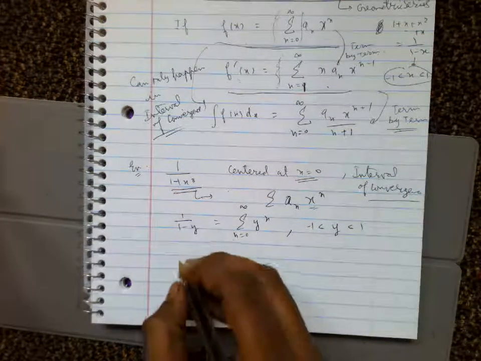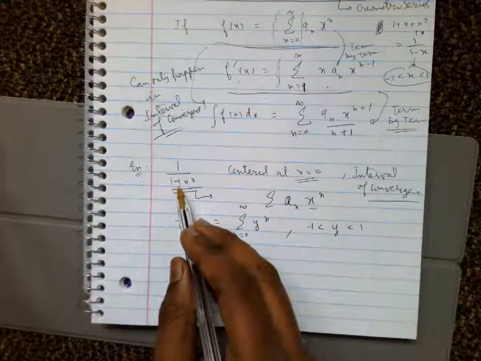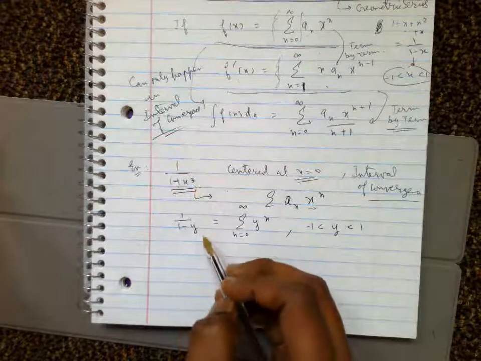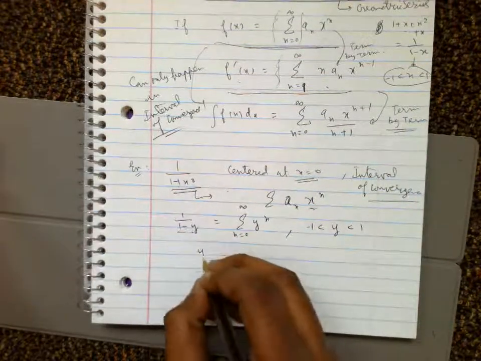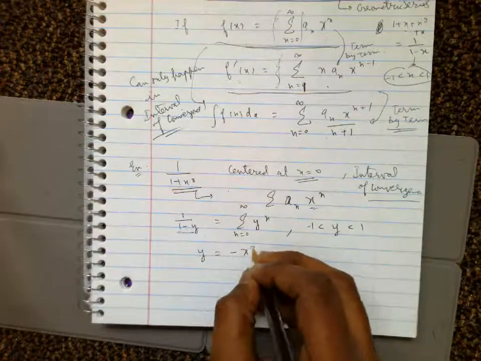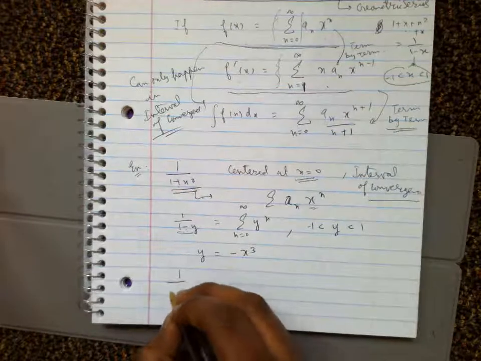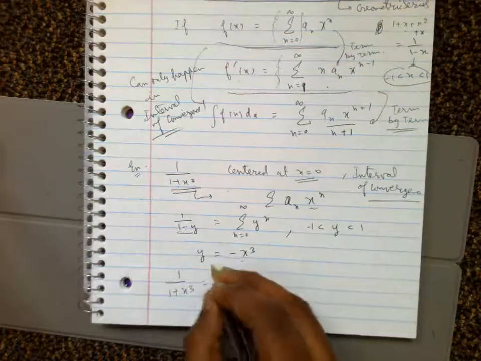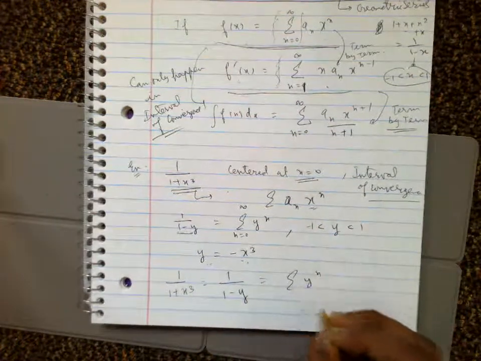So for this problem, you can see that we need a plus sign in the denominator, so you have to substitute y equal to minus x cube. Then you get 1 by 1 plus x cube, which can be written as 1 by 1 minus y. This is just summation y to the power n.